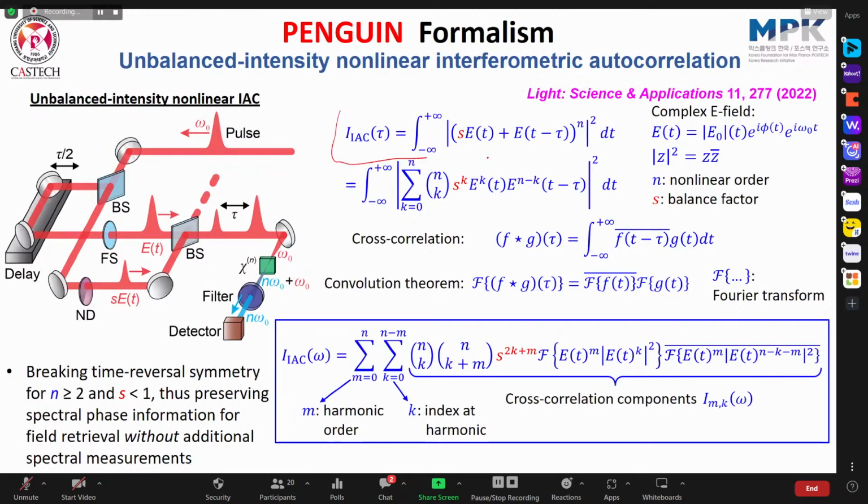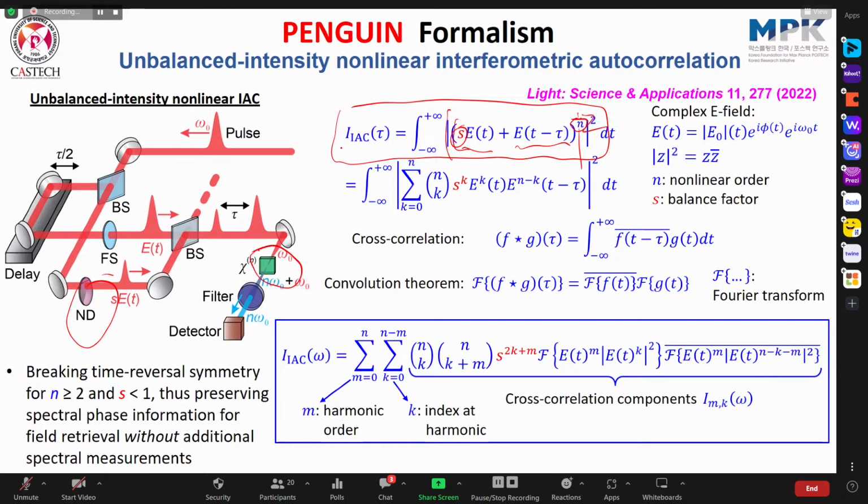This is the autocorrelator equation for this unbalanced case. S represents the unbalance, right? Since this is a parallel interference setup, you have this field, and this is the order of the nonlinear process, and then this is for intensity.